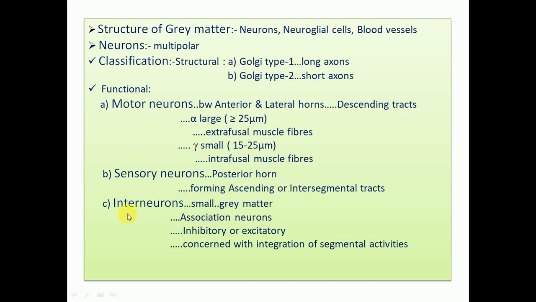The third type is the interneurons. They are smaller and present within the grey matter. They are also called association neurons because they connect the neurons of the anterior and posterior horns. They are excitatory or inhibitory in nature, and are mainly concerned with the integration of segmental activities. So this is about the classification of the neurons of the grey matter.